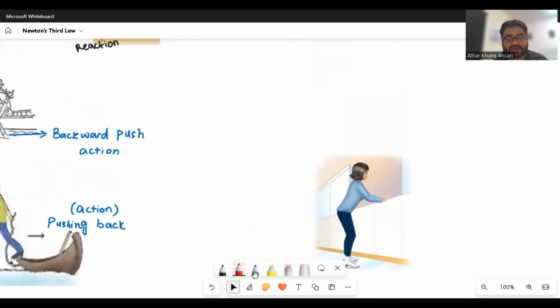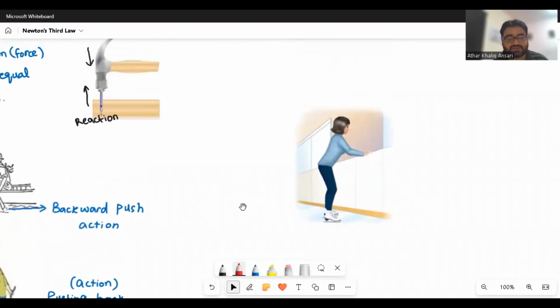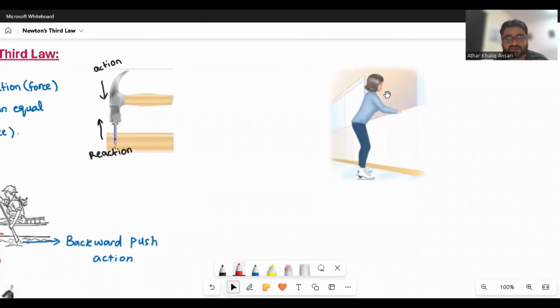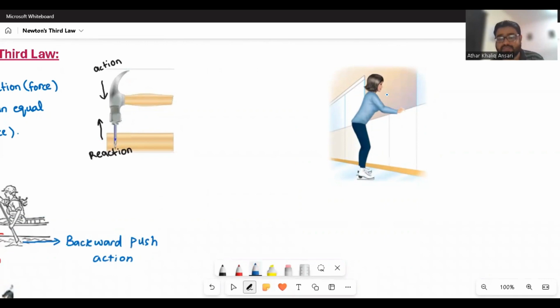Similarly, if we see this example of the ice skater, what she is trying to do is push the wall. When she pushes the wall on the right side, this is the forward force of push. This is the action. And in the reaction, the wall sends her in the backward direction.